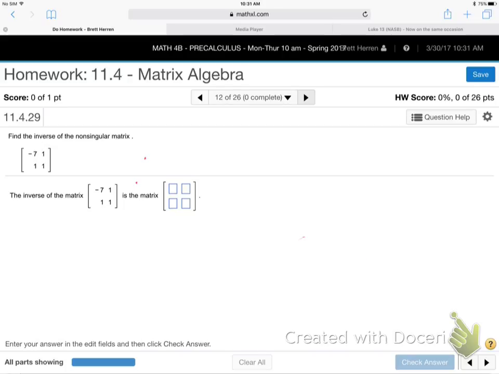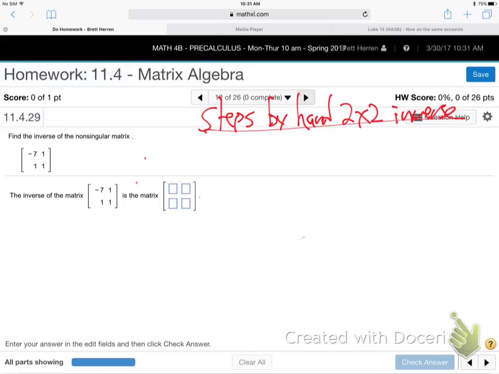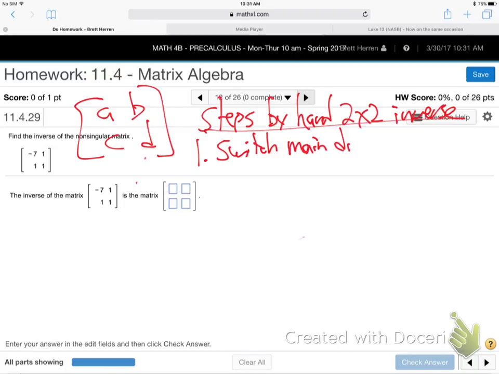So here are the steps. I'll show you by hand, and then you can just hit the buttons in the calculator also. Steps by hand for a 2 by 2 inverse. It's easy enough to do by hand. Step 1, I'm going to call it A, B, C, D. That could be just like any 2 by 2. Switch the main diagonal. What do I mean by the main diagonal?